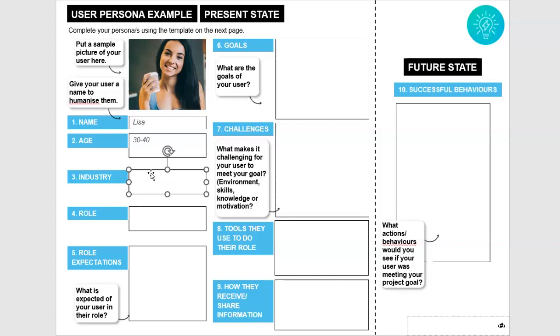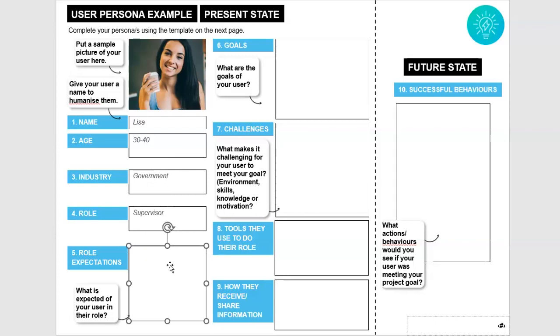Or it may be for a client or a stakeholder. So have a think about what industry they work in. For this example, let's say that Lisa works for a government organization. Next, you want to think about what role your audience group is in. So for this example, we'll say that Lisa is a supervisor.